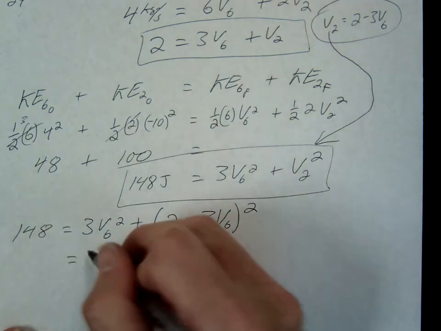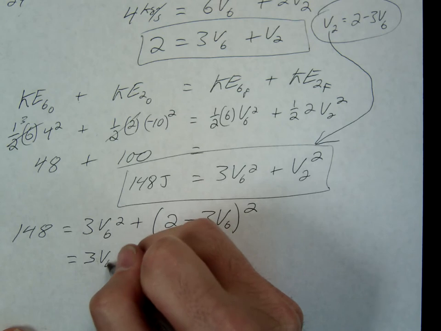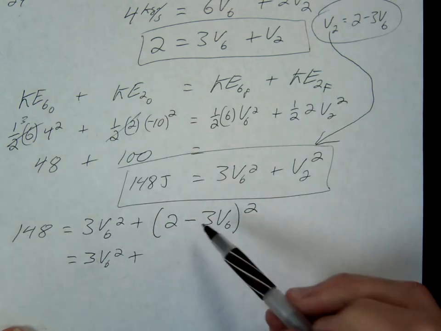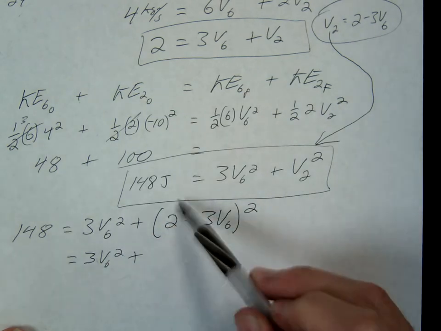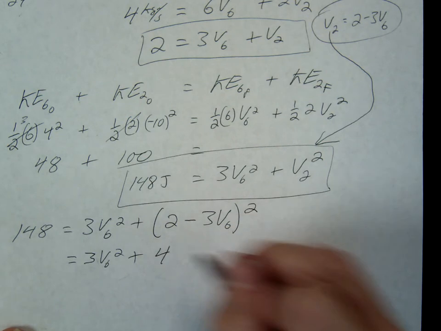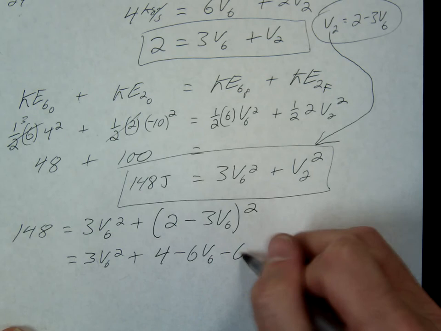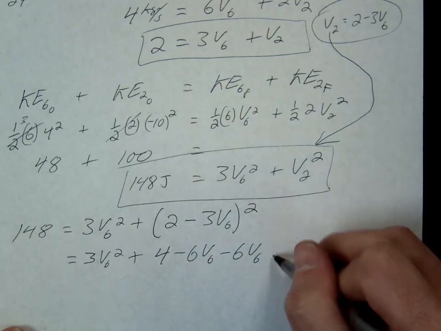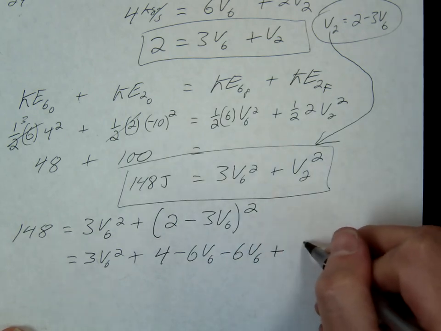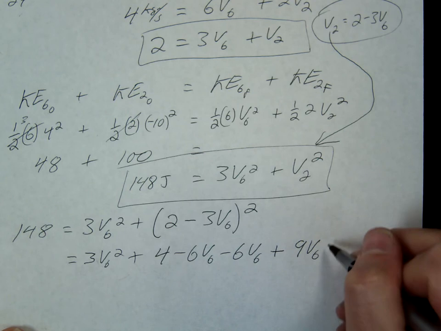Okay, then we use our FOIL method, right? So first is 4 minus 6v6 minus 6v6 plus 9v6 squared.